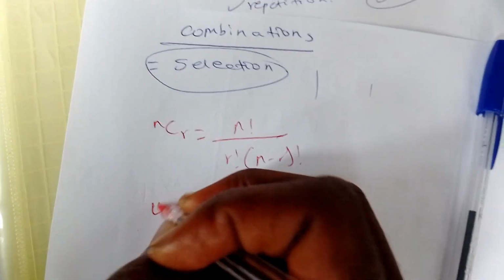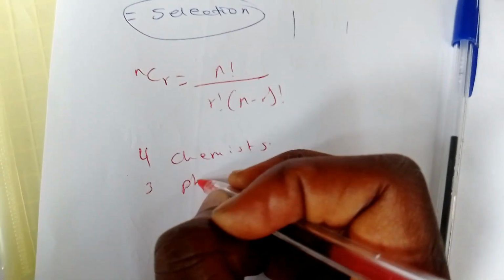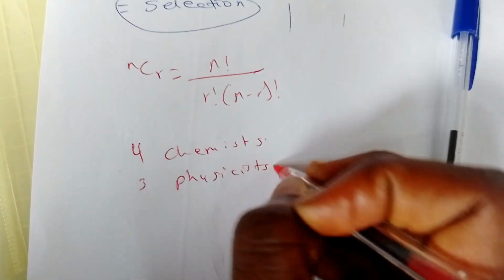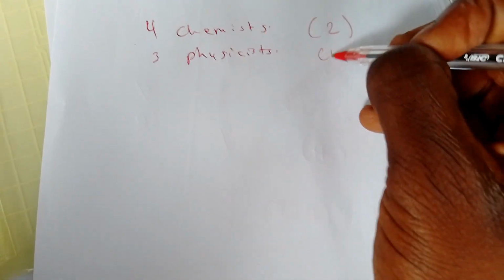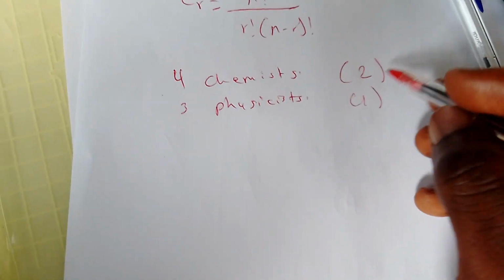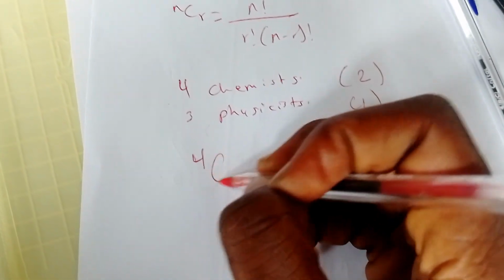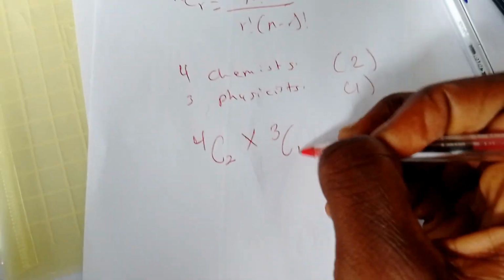So you have 4 chemists and 3 physicists, and you want to find the ways to choose a committee with 2 chemists and then 1 physicist. So how do you do it? With the 4 you choose 2, with the 3 you choose 1.